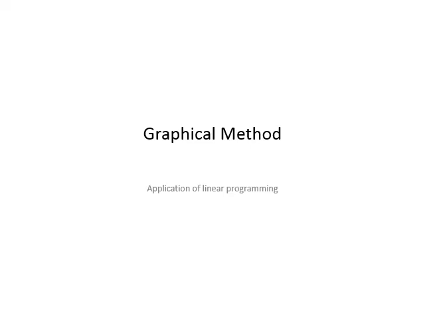Of linear programming: objective function, constraints, and non-negativity condition. So if these three components are satisfied, then we can use graphical methods to find an optimal solution for an objective function with two decision variables.